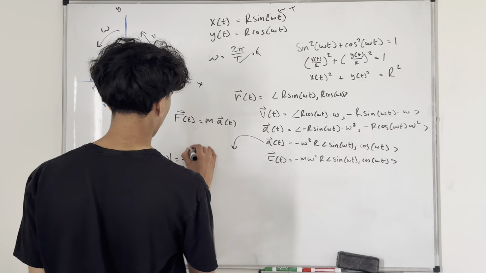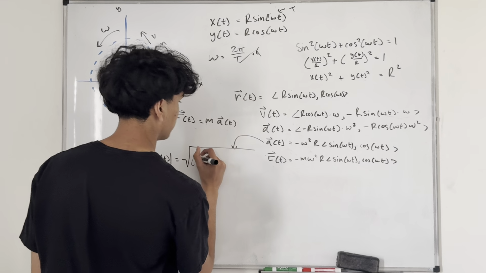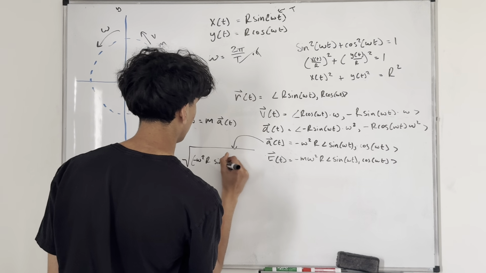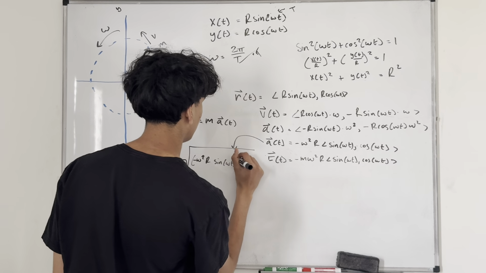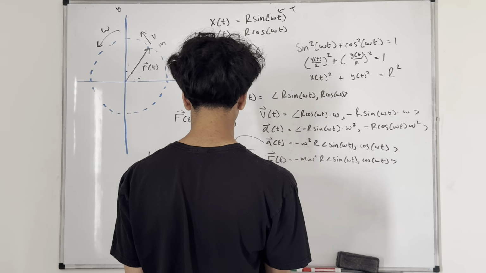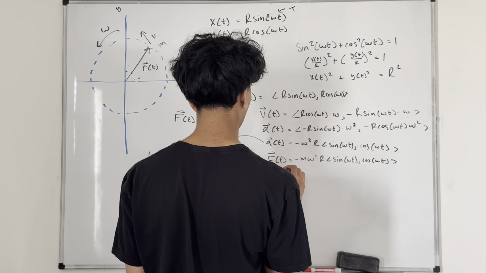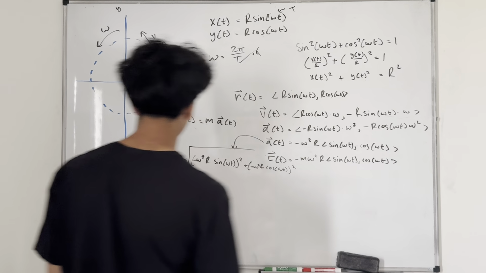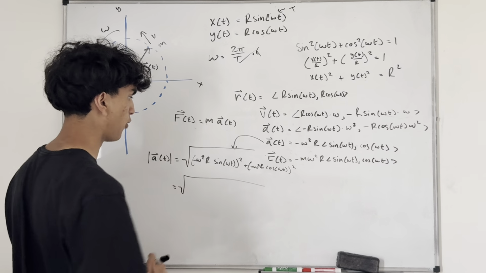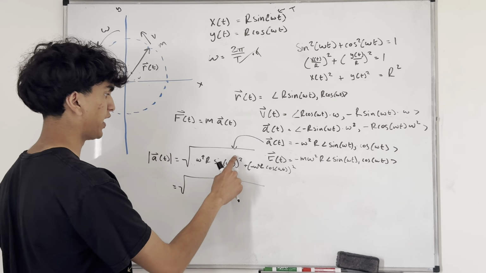It's going to equal the square root of negative omega squared r times sine omega t, squared, plus negative omega squared r times cosine omega times time, squared. Now, I can factor out the omega squared term, and when I end up squaring this out, the negative will actually go away.